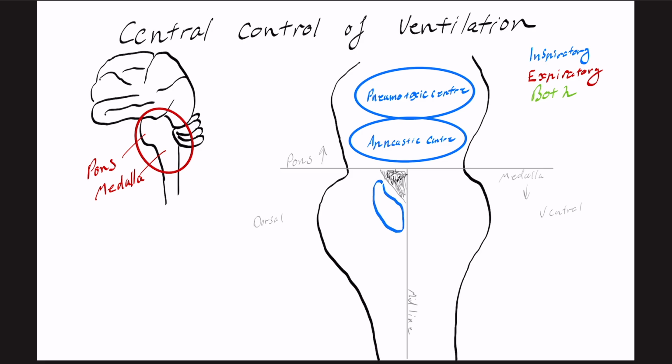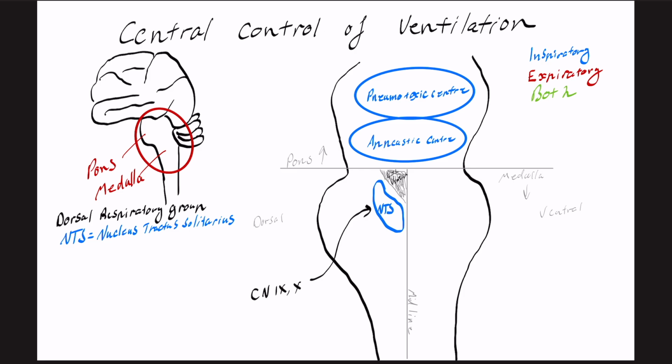So the first nucleus is the nucleus tractus solitarius, marked with NTS. And this is a nucleus that's important in the dorsal respiratory group, also known as DRG. And it's important because cranial nerves 9 and 10 also join up around here, so it receives feedback from these nerves.